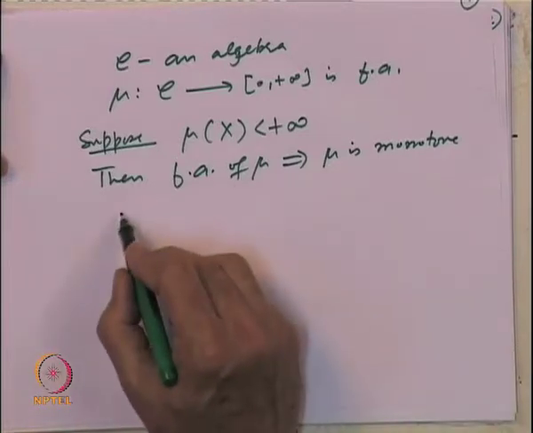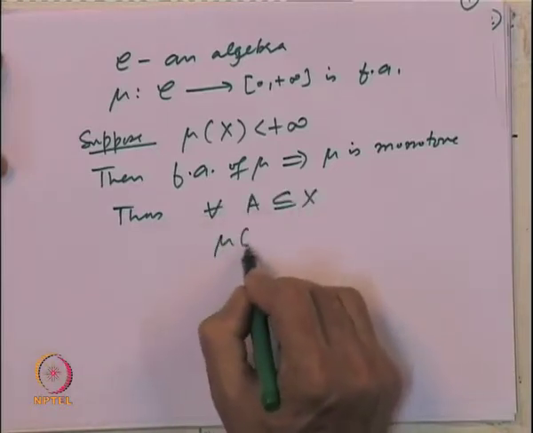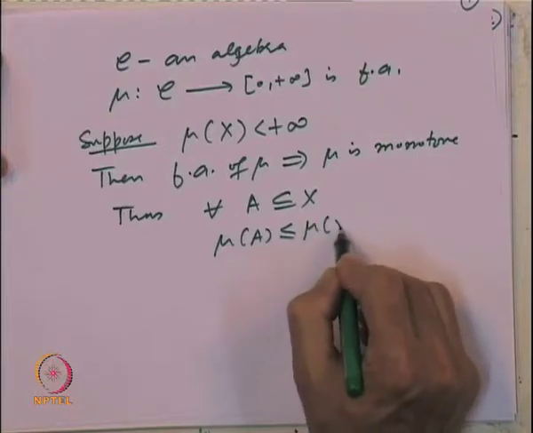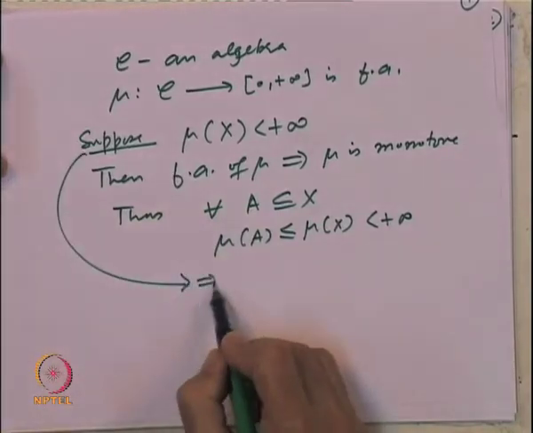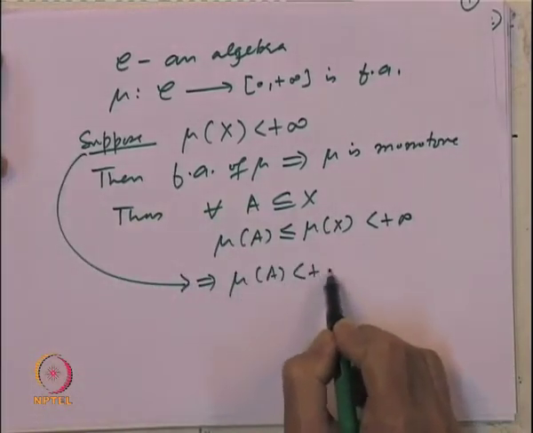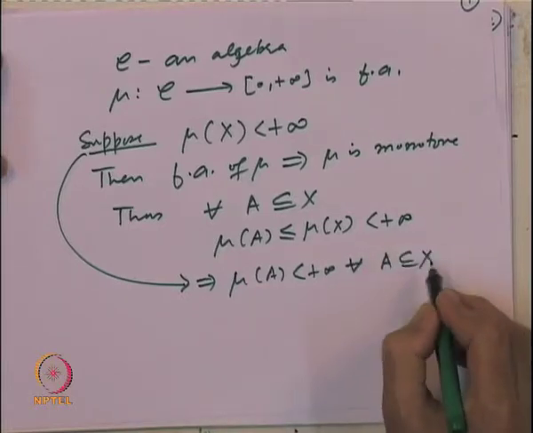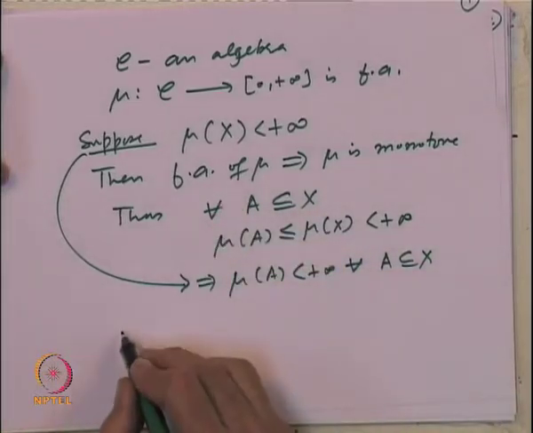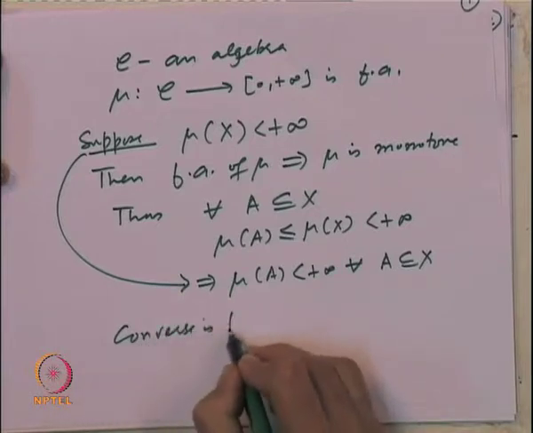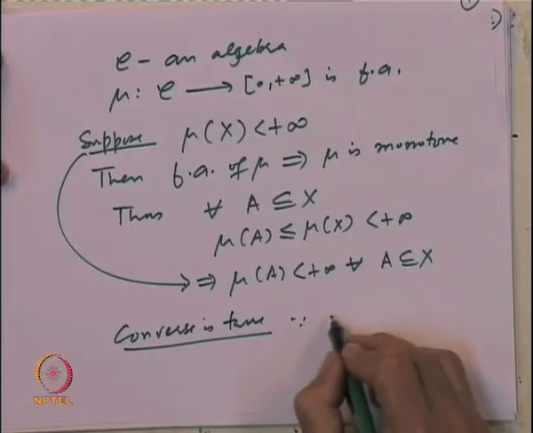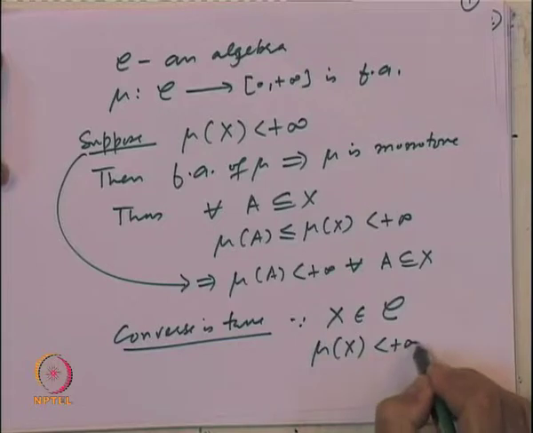So, because mu is monotone, for every A contained in X, mu of A will be less than or equal to mu of X, which is finite. So, thus it implies mu of A is finite for every A subset of X, and the converse is obviously true, because X belongs to C and so mu of X is finite.